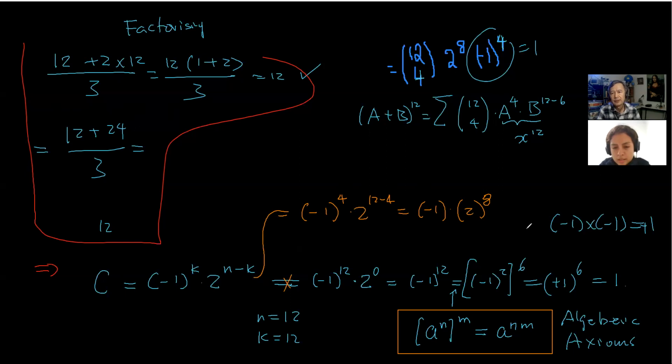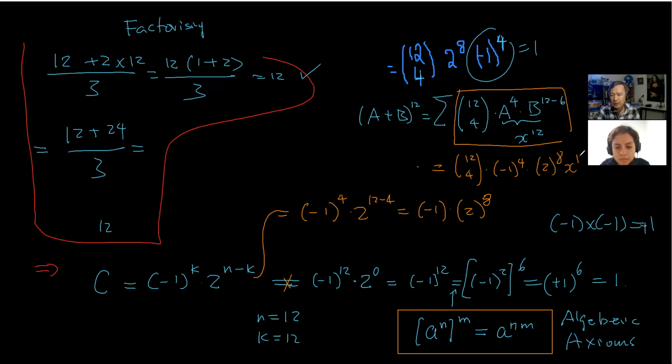That's what I'm looking for. If you combine these coefficients, this particular term will equal 12 over 4, the combination formula. Multiply this formula by 2 to the power 8, and that's x to the power of 12. If you just pick up the coefficient, it will be identical to your answer.